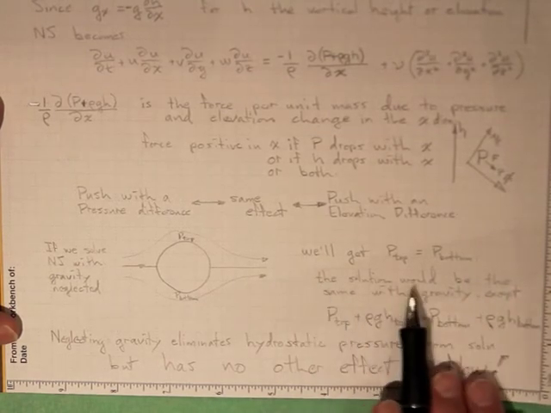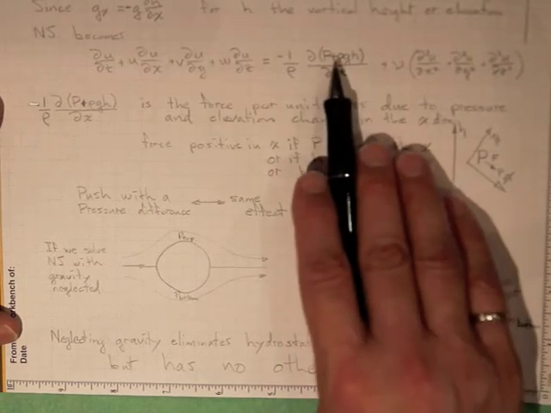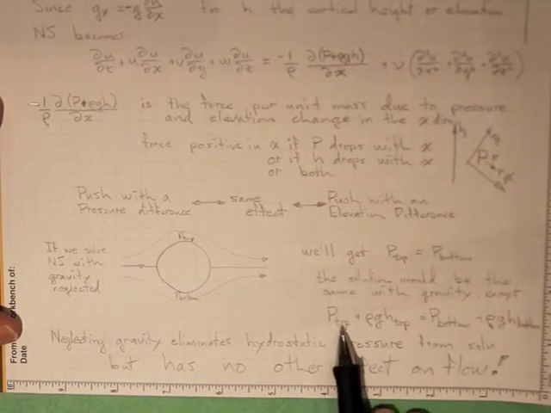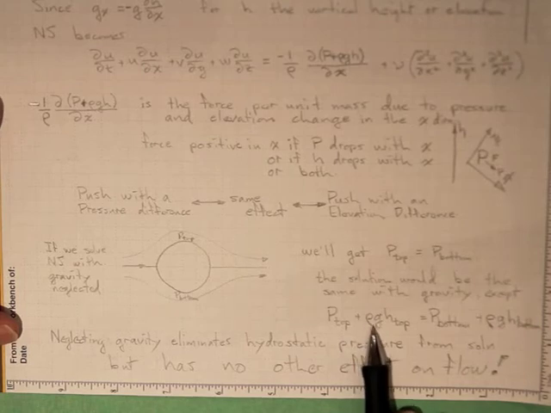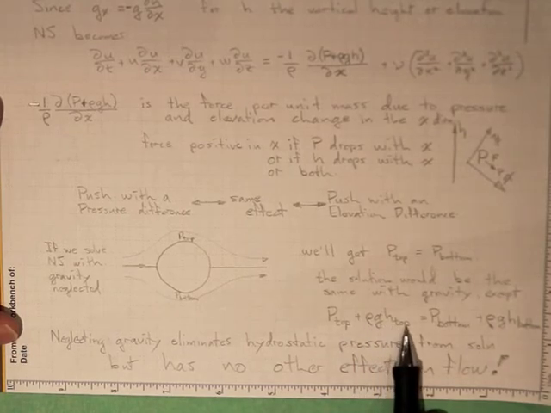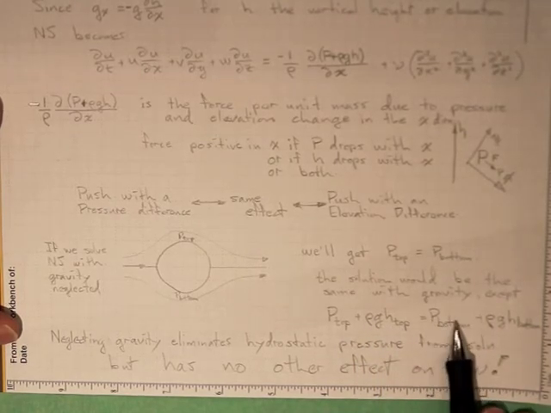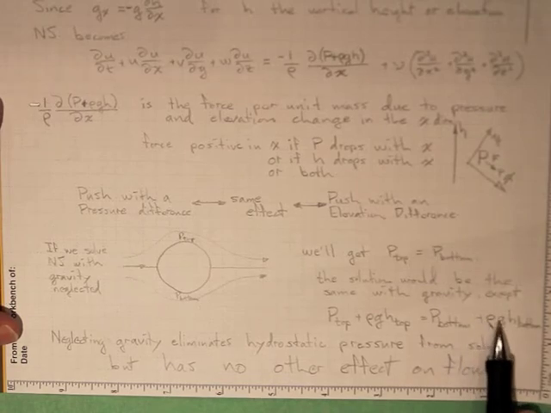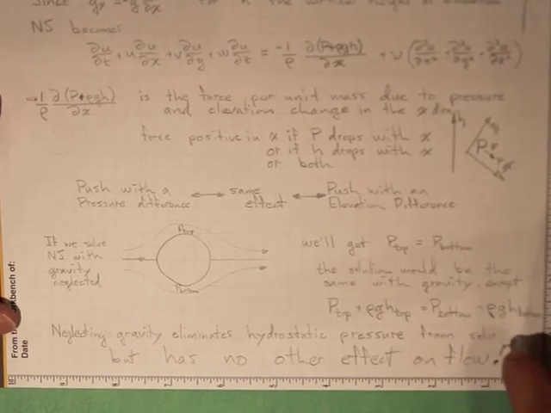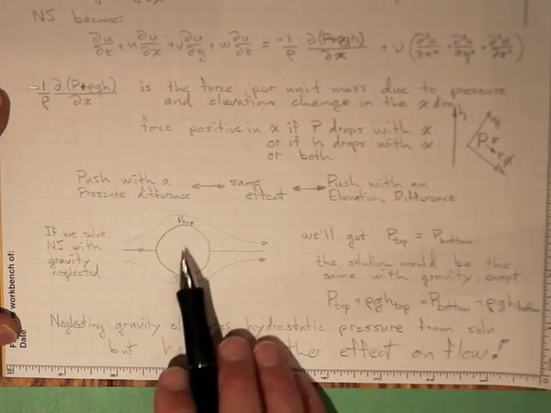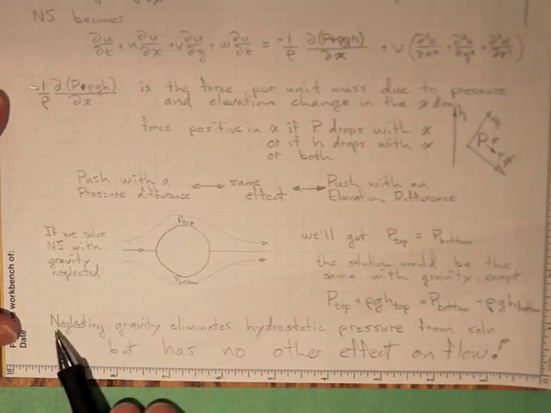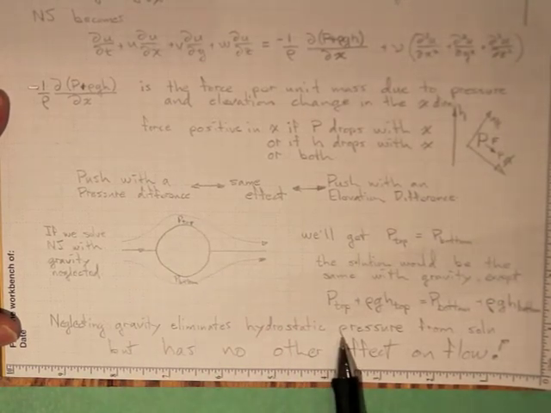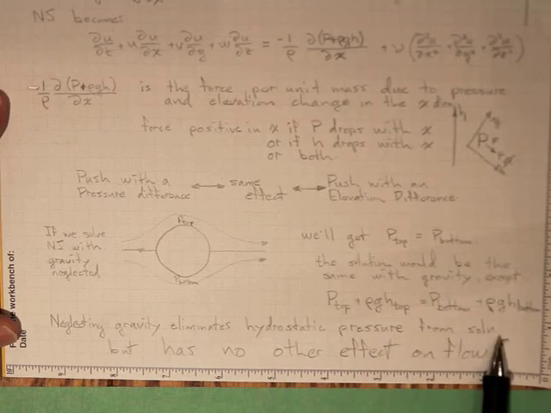The solution would be the same if we put gravity in there, except the pressure on top plus rho gh on top would be equal to the pressure on the bottom plus rho gh on the bottom. So all that neglecting gravity does is, when we do our solution, we wind up with no difference in hydrostatic pressure.